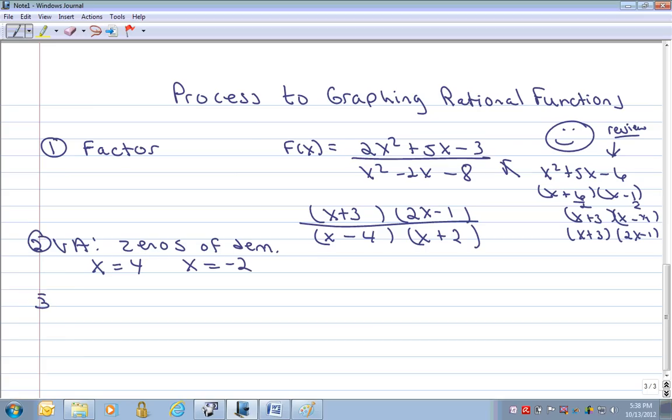Our third step is to work on our horizontal asymptotes. And we have several rules here. We're going to compare the degree of the numerator to the denominator. All right, so we're going to compare the degree of the numerator with the denominator.